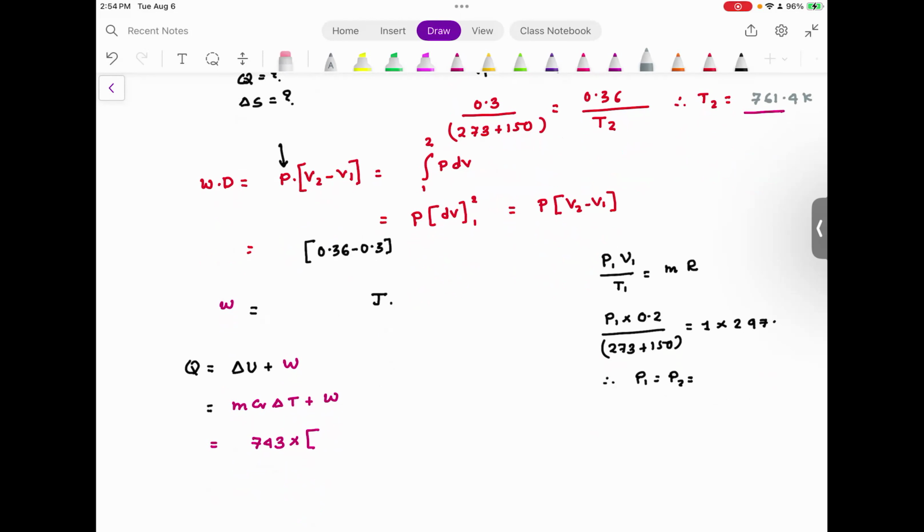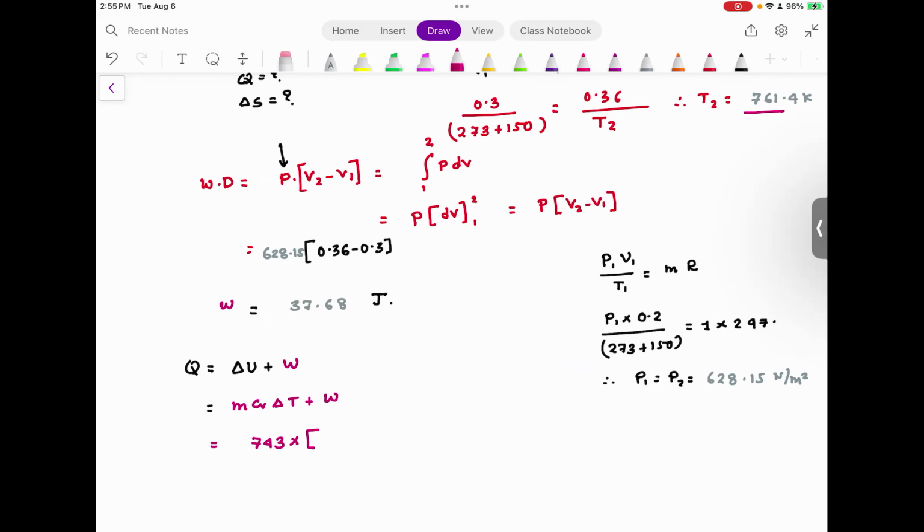What is the work done here? Find the pressure. Tell me what is the pressure? This is pascals, right? Newton per meter squared. Then substitute this value here, and then you will get the work done. 37.68.